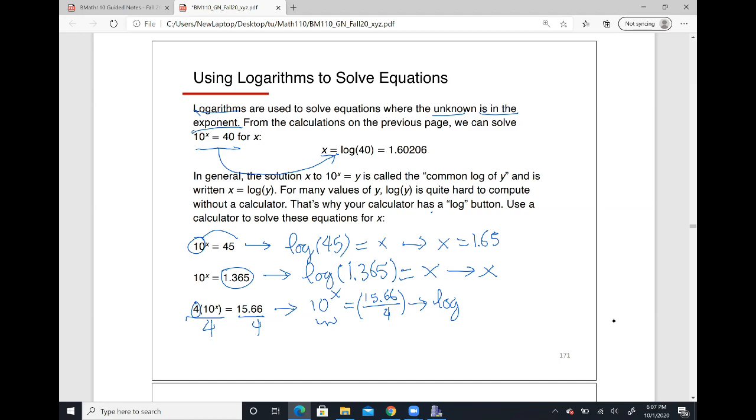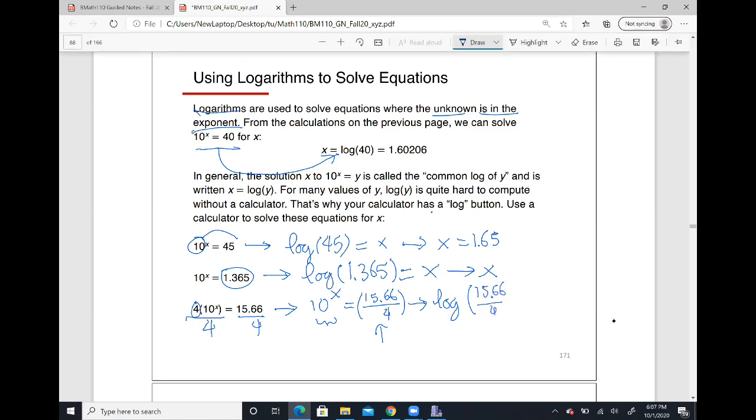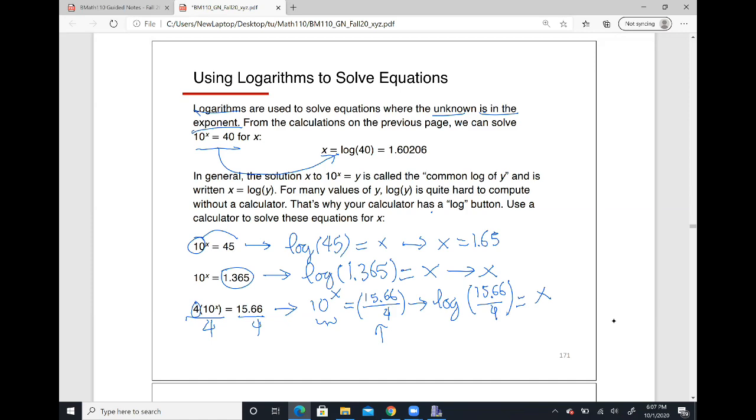All right, so now log base 10 of the argument over here. I'm gonna put 15.66 over 4 equal to what? The exponent is x, easily, right? So now you can just use a calculator.